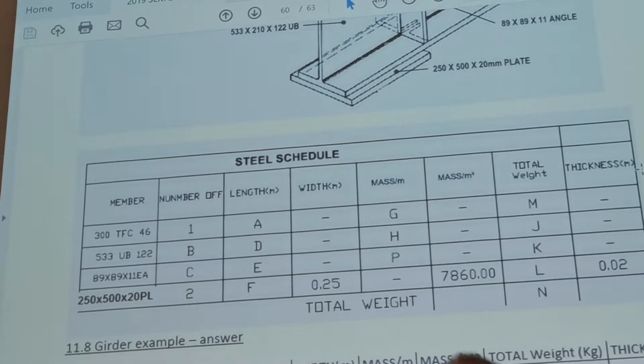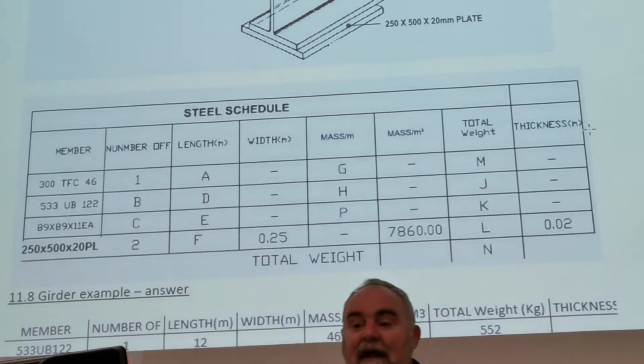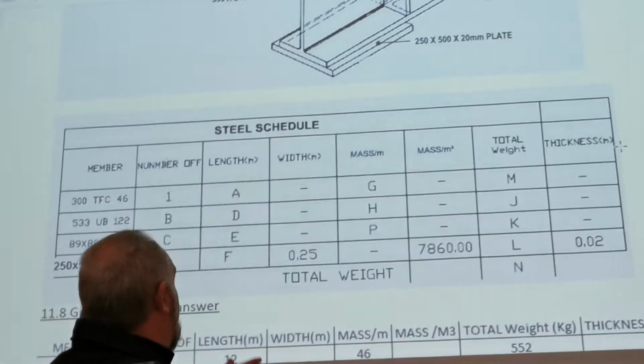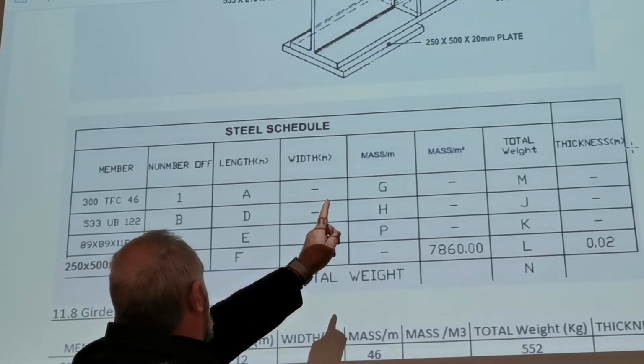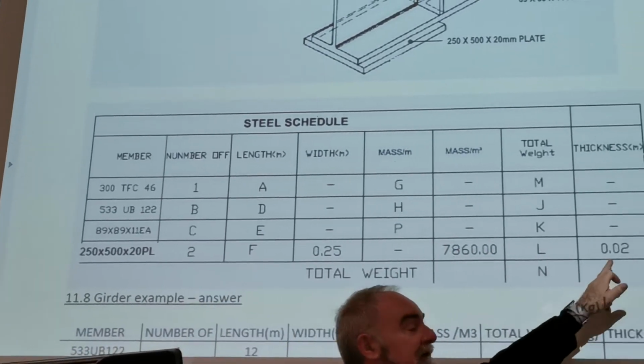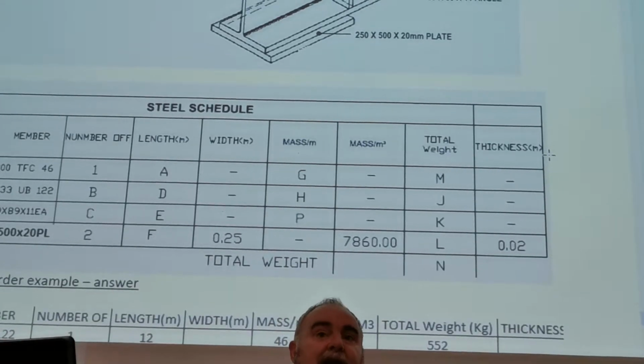So what I'm trying to say is with a plate, and this is also a multi-choice question, how do we call a plate up? We always call the plate up as the width by the length by the thickness. Okay? It's not length by width, it's width by length.